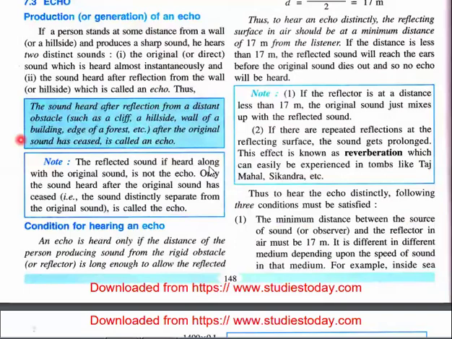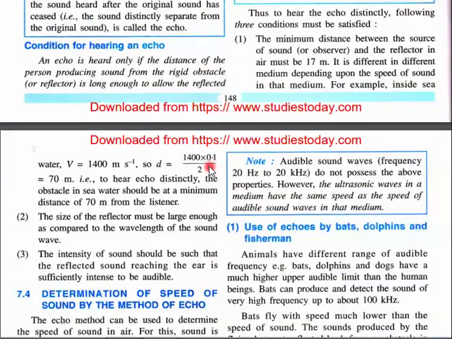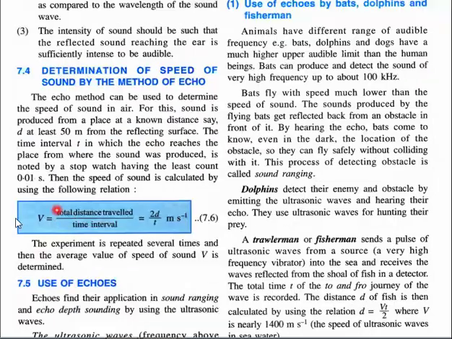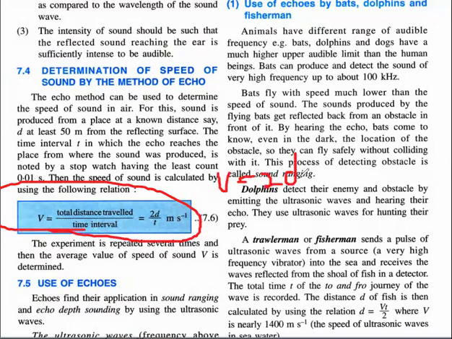Then we'll go down, and this is the formula, which is also important, can be asked for your numericals. So this is v equals 2d by t meter per second.